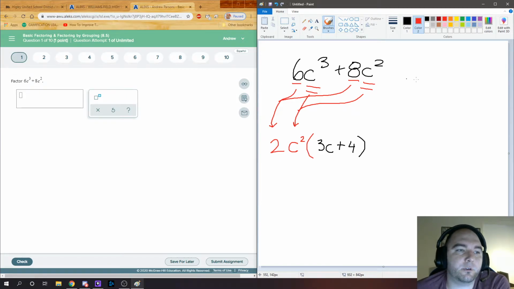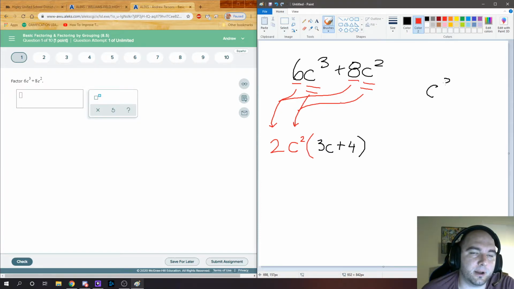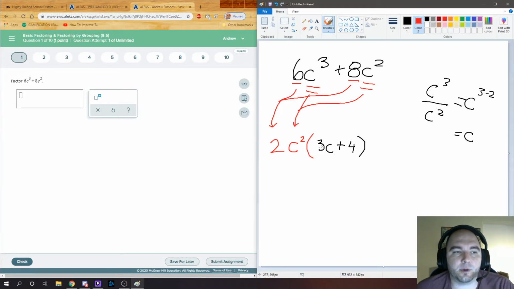If you're wondering why I'm reducing those things inside the parenthesis like the way they are, that's because if you think about it, c to the third divided by c squared, this is learned in a previous chapter, you subtract and get c to the 1. So that's why 3c is left over.